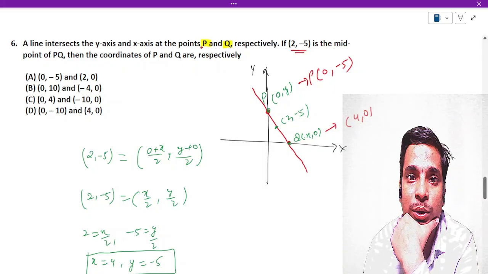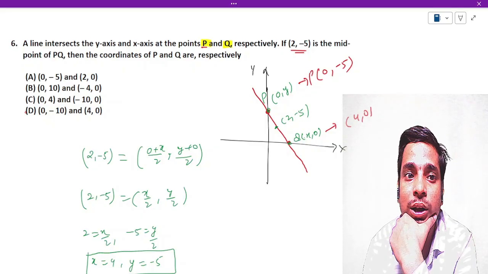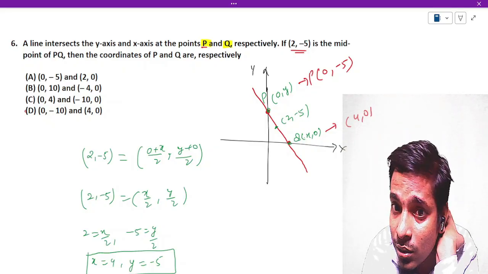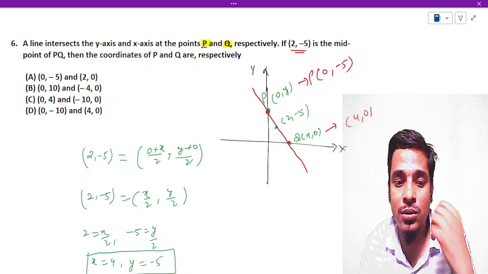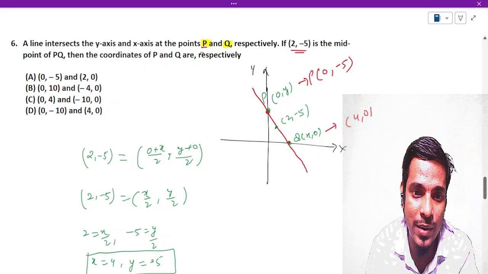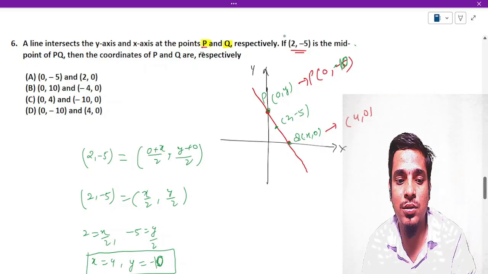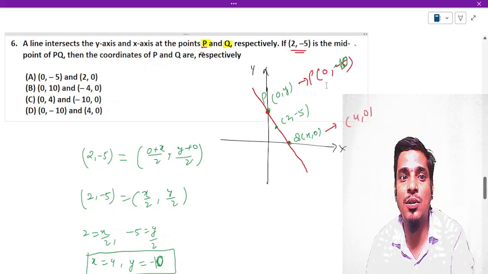First they talk about P. P is 4 comma 0, and Q is what? Here, 0 comma minus 10. Are you sure?